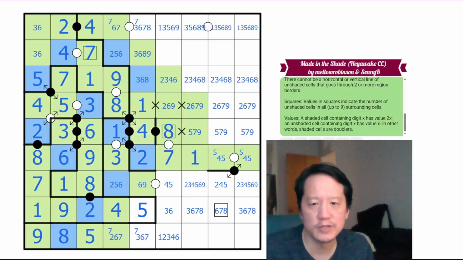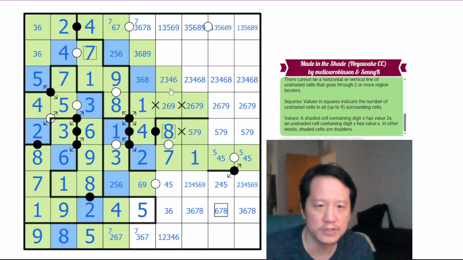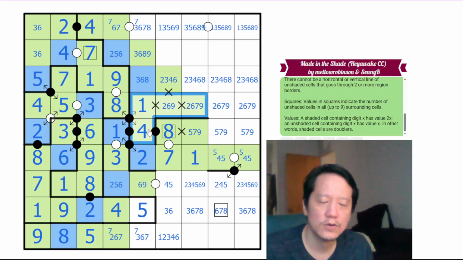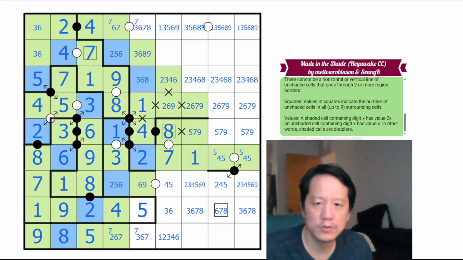So this has to be a border here, which means this is a border here, which means there cannot be a border here, because then this unshaded cells would cross 2 borders. So this is definitely not a border here, right?